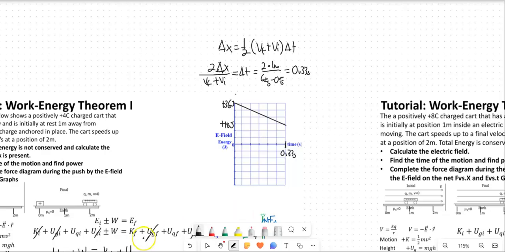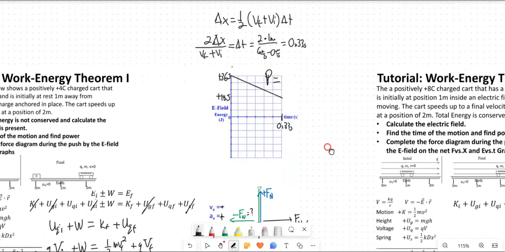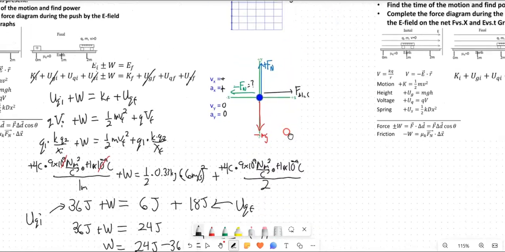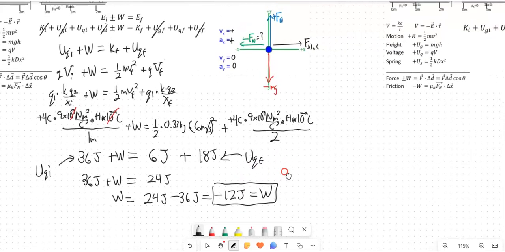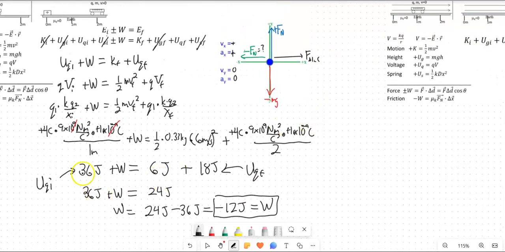Now to calculate the power, so let's calculate the power here. Power is the slope of this line, which is a loss of it looks like a loss of 18 joules right here. This work, I just want to be careful here.